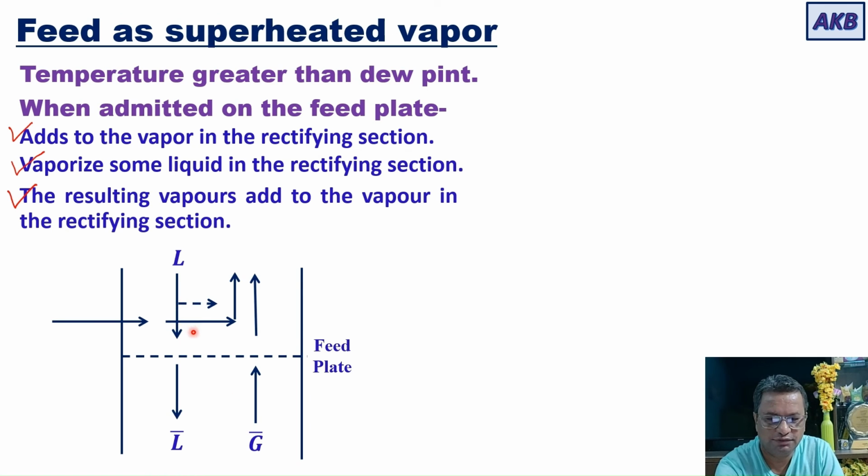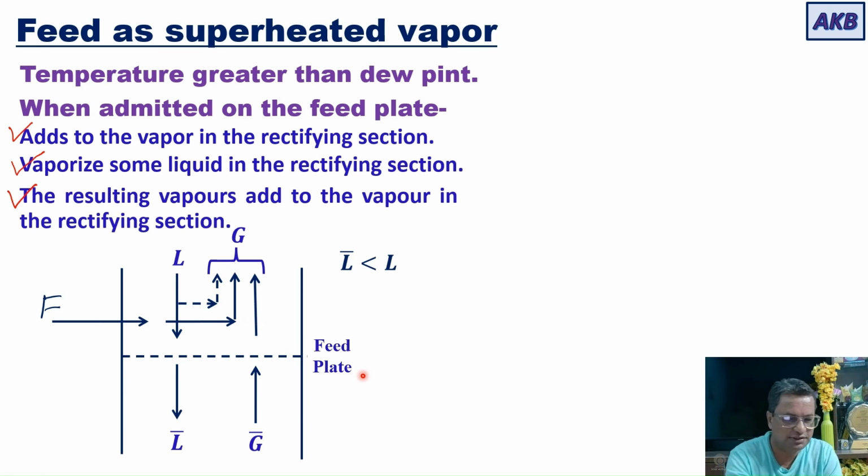And due to heat of this feed, some of the liquid in the rectifying section will be getting vaporized. And all of this vapor will combine to give the molar flow rate for vapor in the rectifying section. So this is the feed. This is superheated vapor. So it is causing some part of the liquid in the rectifying section to vaporize. All of this superheated vapor will be going to the rectifying section, and plus you have the vapor that is coming from the stripping section.